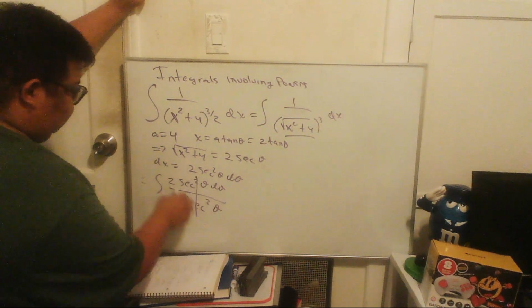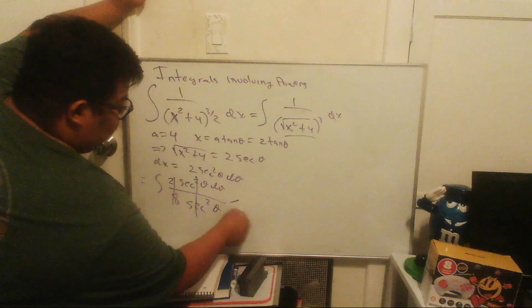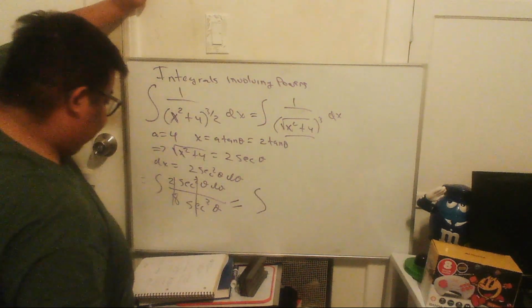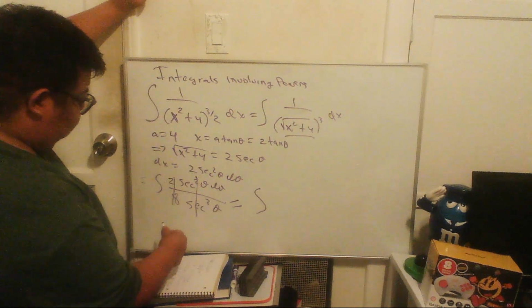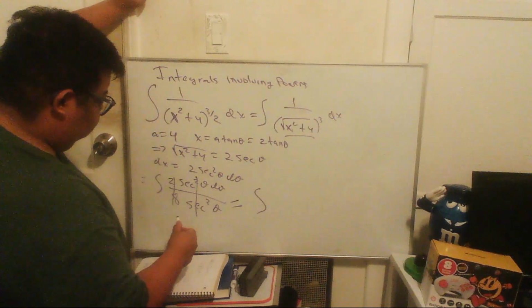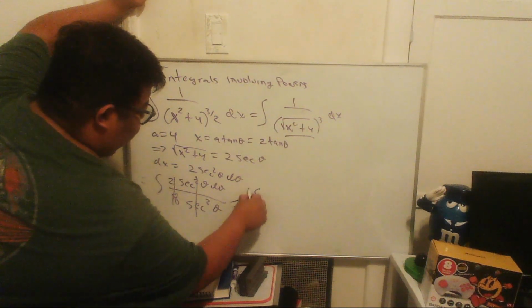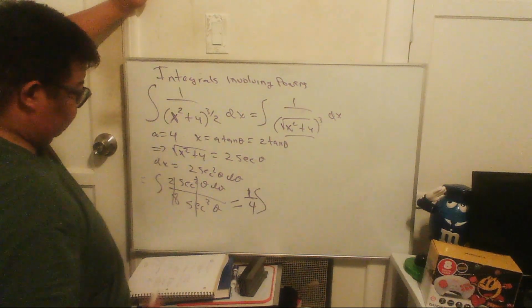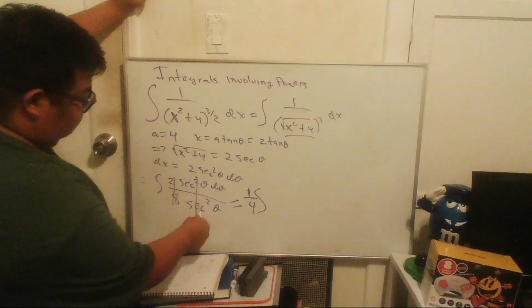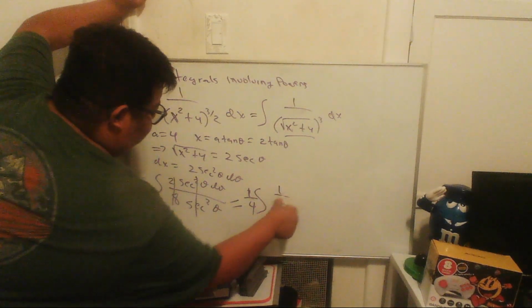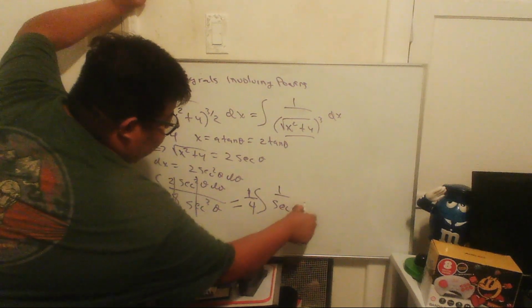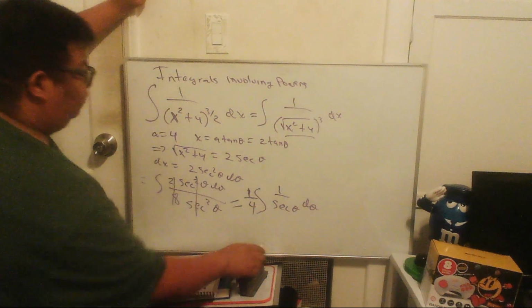And then of course this cancels here, so 2 over 8 is gonna be equal to 1 over 4, and I'm gonna pull it out. Okay, so now the secant squared cancels, and I'm left with secant on the bottom, so that's gonna be equal to 1 over secant theta d theta.